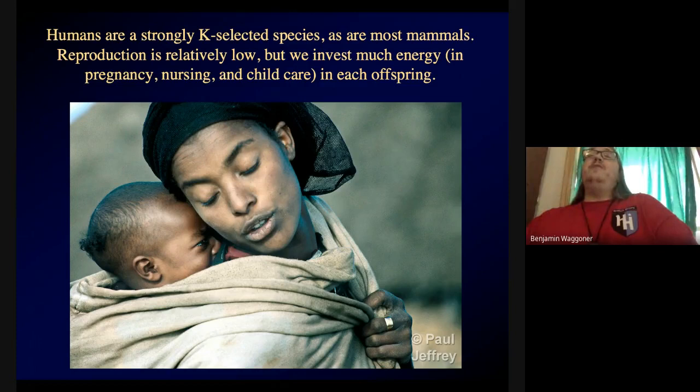But humans invest a lot more energy in each offspring. We breastfeed, or we buy formula, but the old way of doing it is breastfeeding. And of course, all mammals do that. And that costs a lot of energy. For those that have not seen this, my wife used to just conk out like a light after feeding our son.